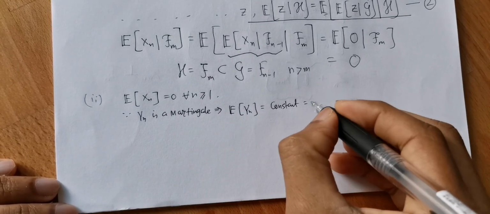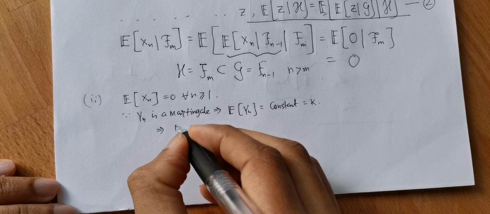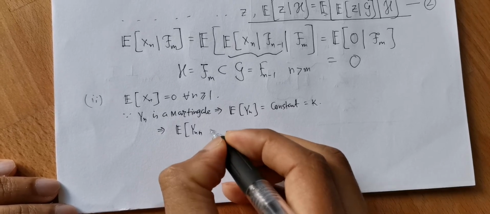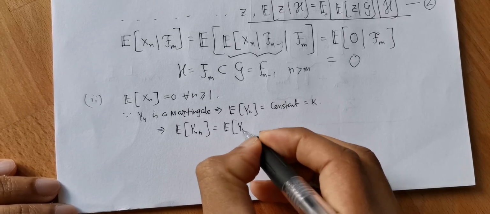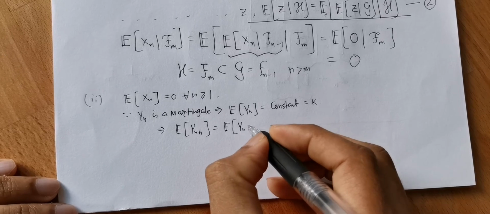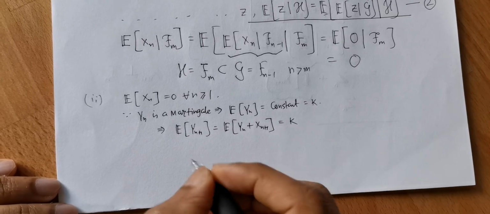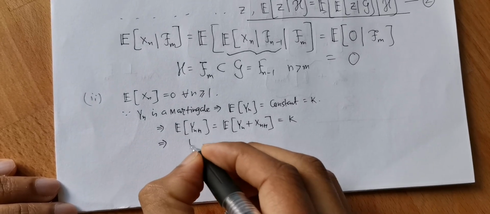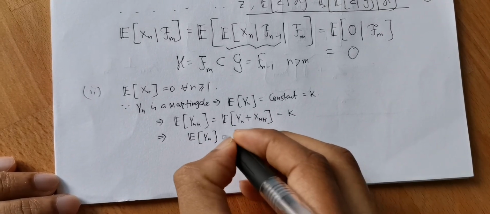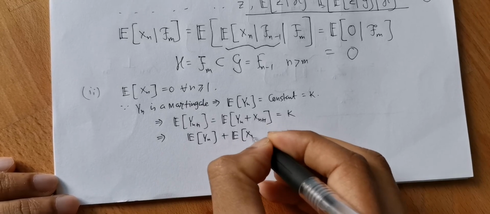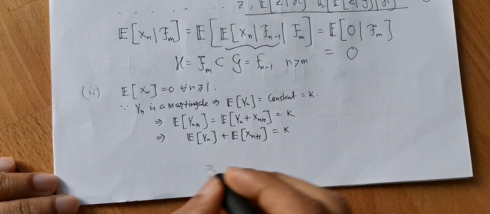So say some k. Now this means the expected value of Yn+1, which can be written as the expected value of Yn plus Xn+1, is also equal to the constant. So this means the expected value of Yn plus the expected value of Xn+1 is equal to k.